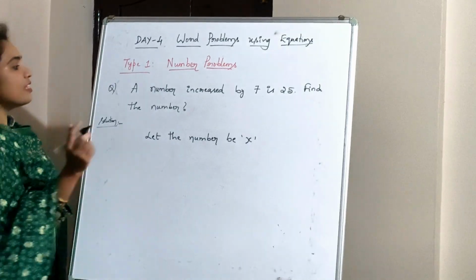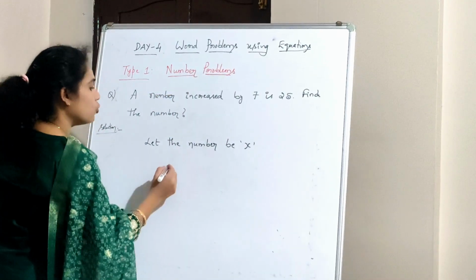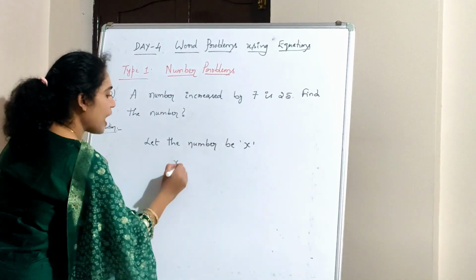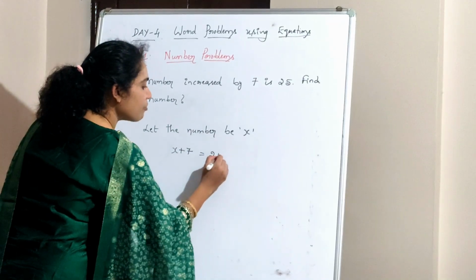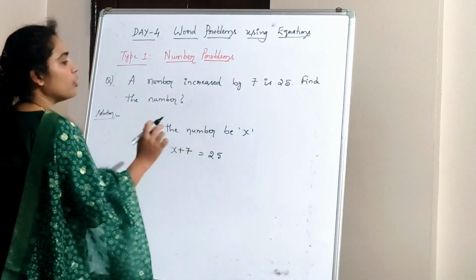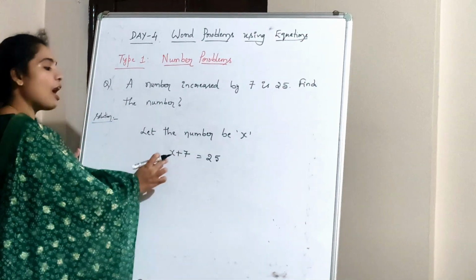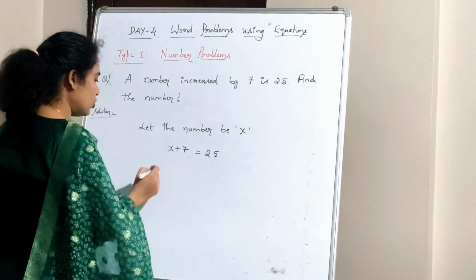Now this number is increased by 7, and that is 25. So number increased by 7 means we are adding 7 to this number, and this becomes 25. Now we set up the equation x plus 7 is equal to 25. Now we have to find out what is x. Now move this 7 to the RHS side.